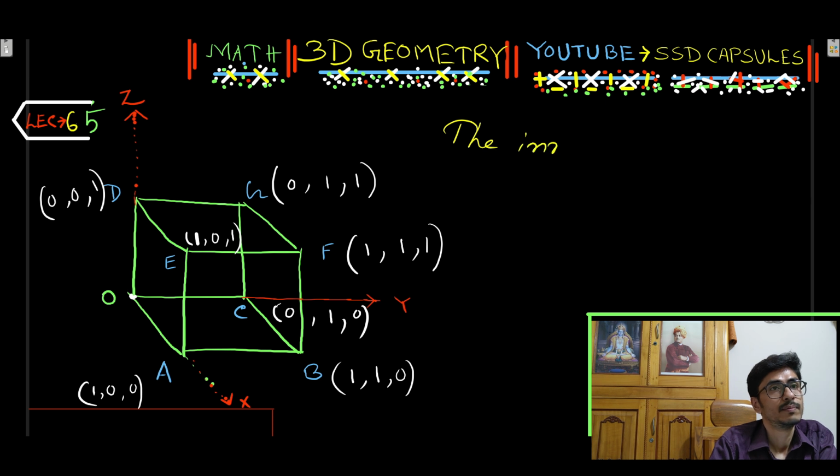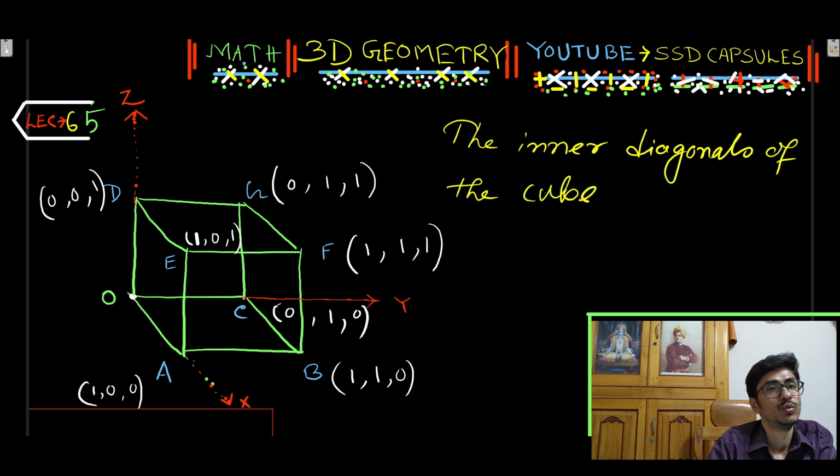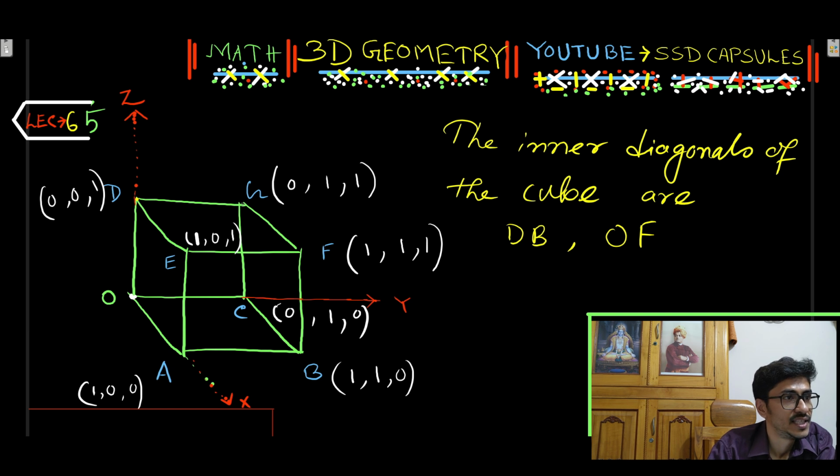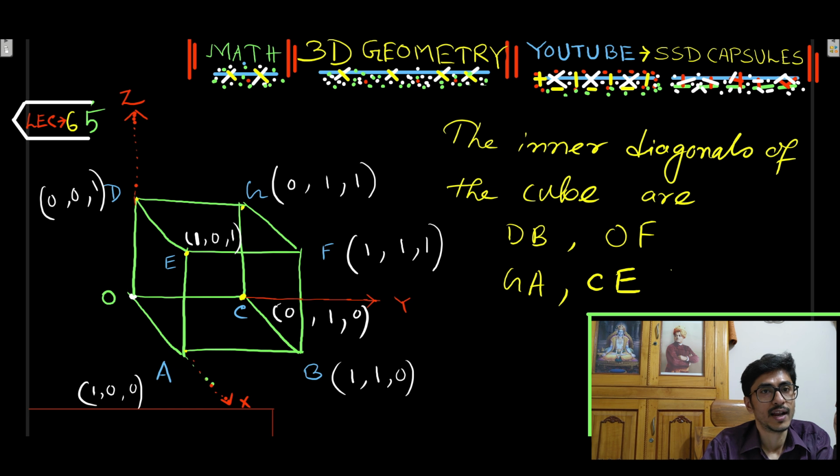The inner diagonals of the cube are, if we consider this point D, so DB and OF, this is one pair, and another pair is GA, from this point G to this point A, and from this point C to the point E. So this is another pair.